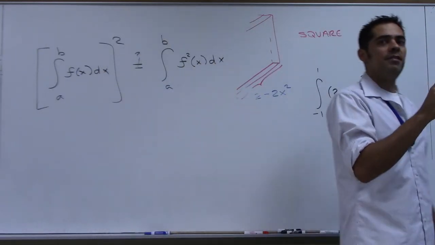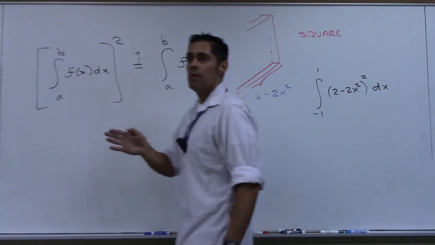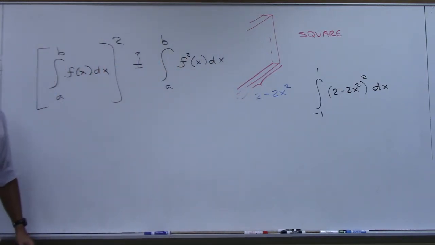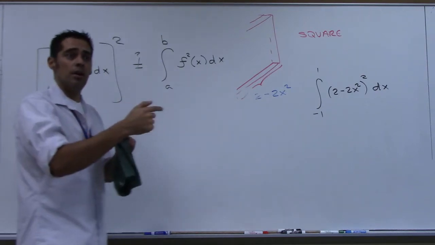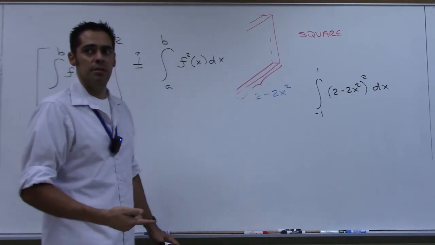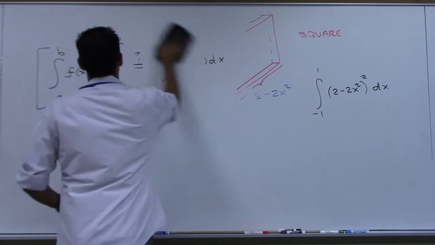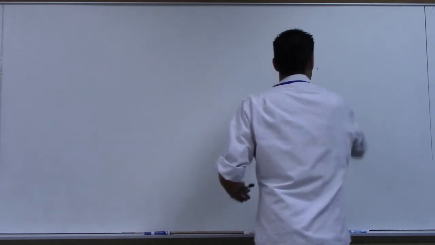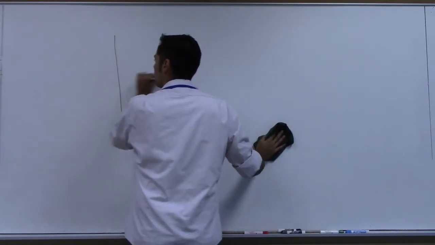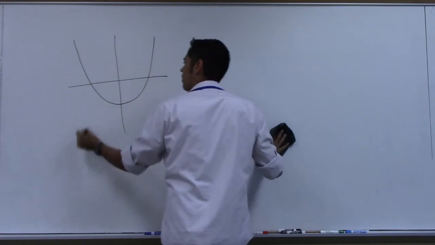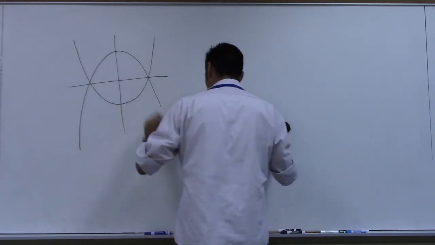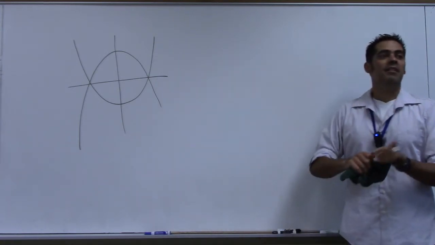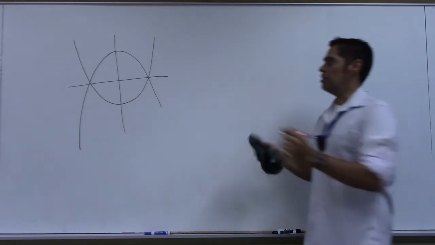What if what I said was these cross sections formed circles, and the circles have as their diameter the base of the region? So same picture. But this time the cross-section forms circles where the diameter is the base of the region.